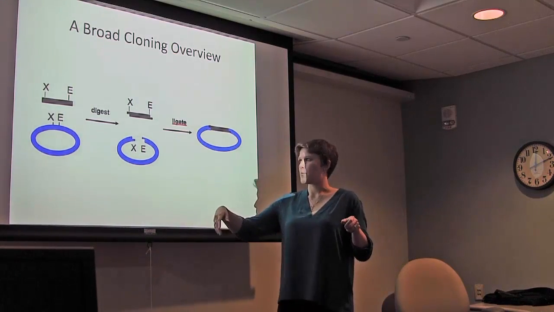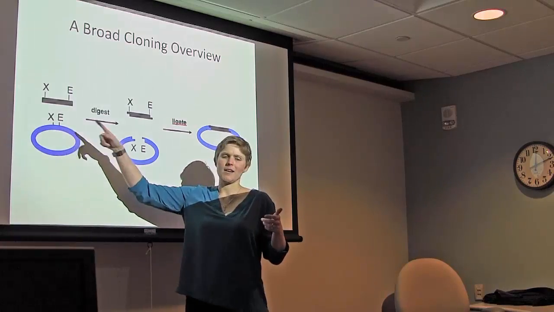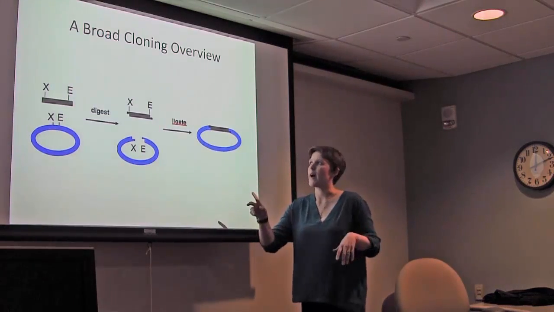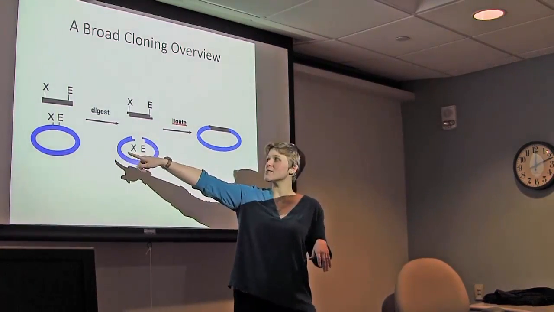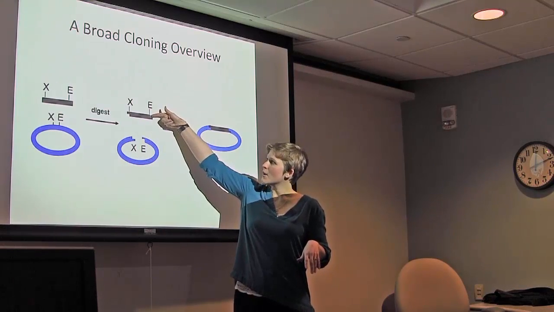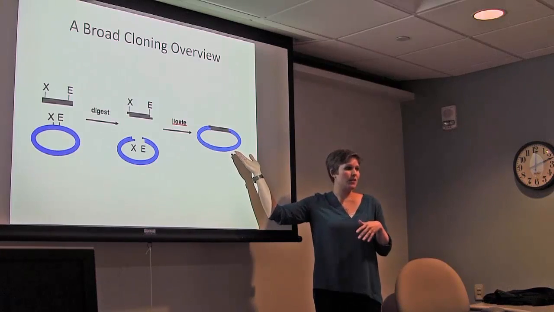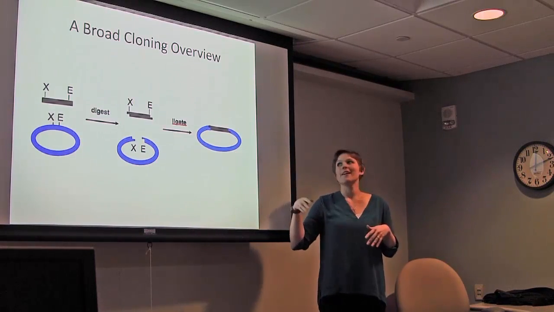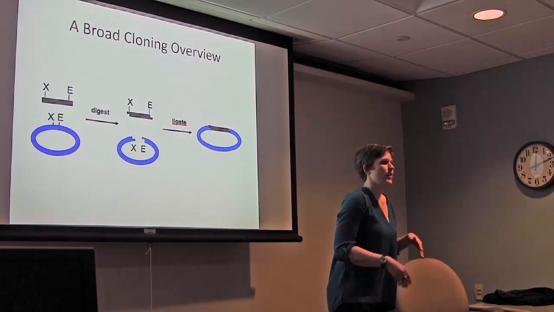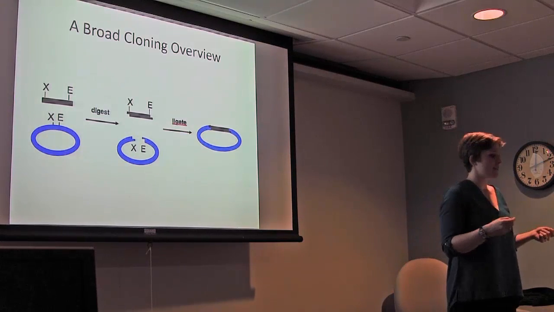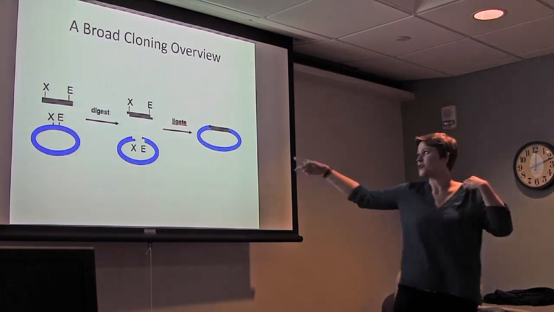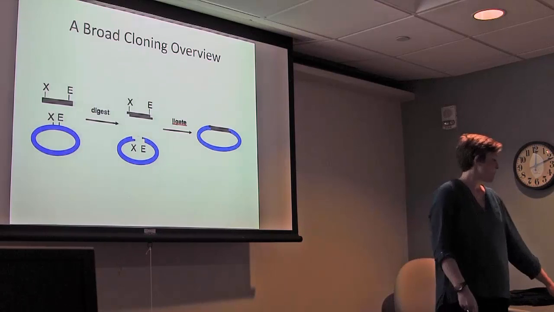In this particular example, this is XhoI and EcoRI. That's not important right now, but basically what you do is you digest with these restriction enzymes. You have these nice little overhangs that are compatible with one another, and you can ligate these together and ultimately get your plasmid with your gene of interest within it.